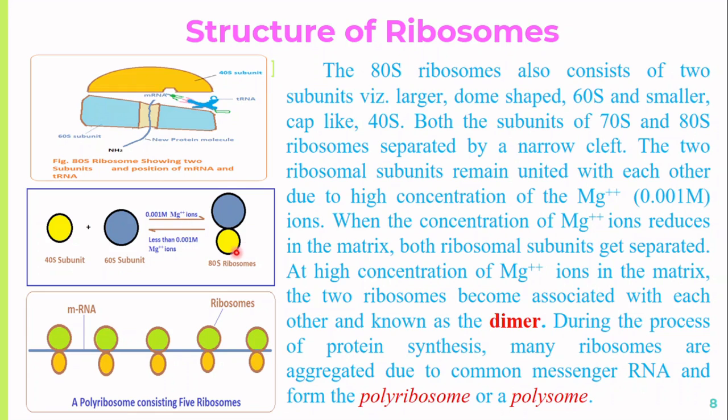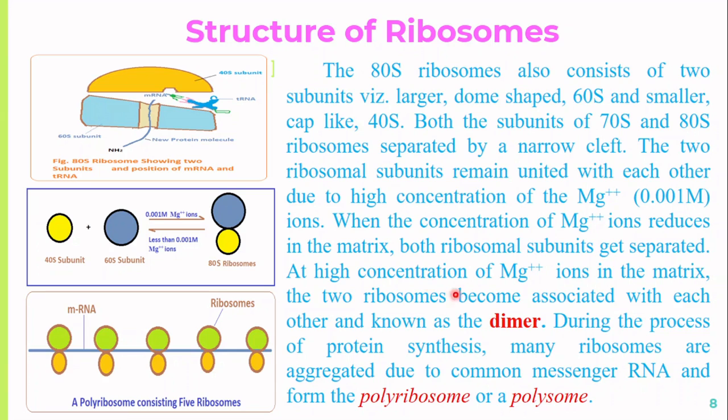But they get dissociated, they get separated, when the concentration of magnesium ions becomes less than 0.001 molar. When the concentration of Mg++ ion reduces in the matrix, both ribosomal subunits get separated.